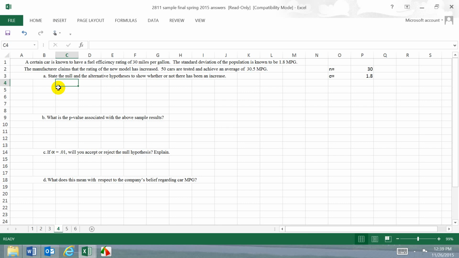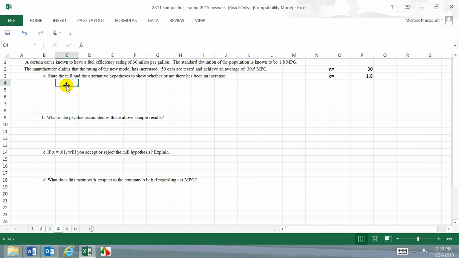Next, state the null and alternative hypotheses. To know whether or not there has been an increase, we said that if you want to show that there's an increase, then that goes into the alternate hypothesis. Whatever you are going to accept without proof to the contrary is the null hypothesis. If you want to show that there's been a change, that change always goes into the alternate hypothesis.